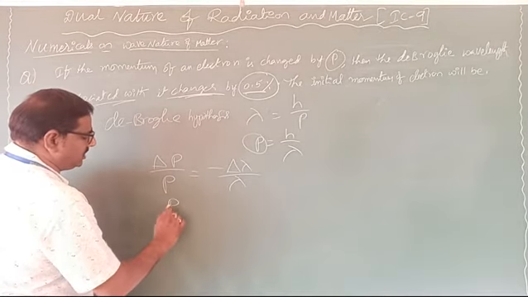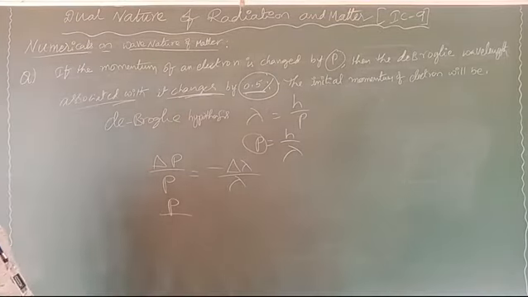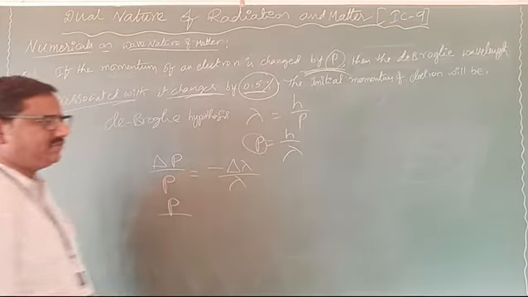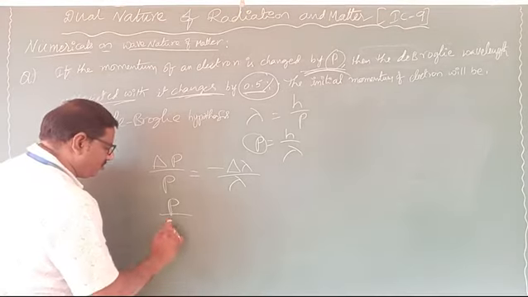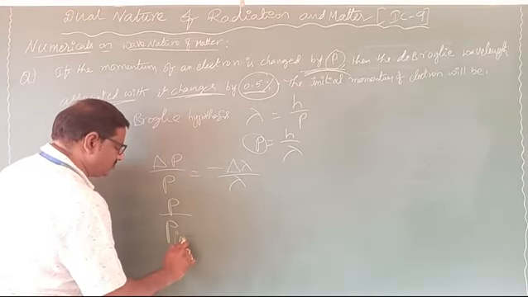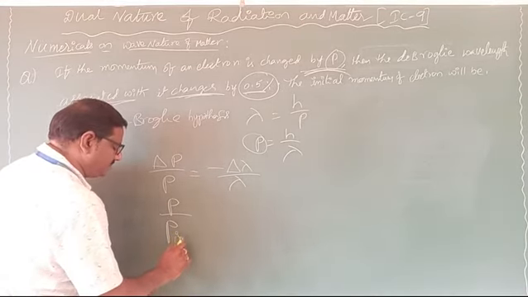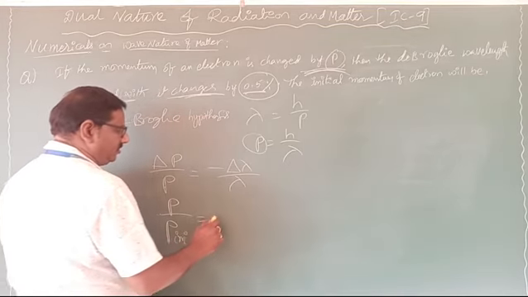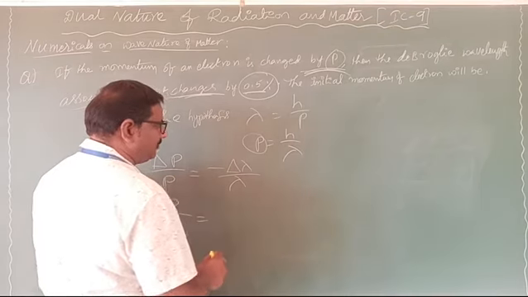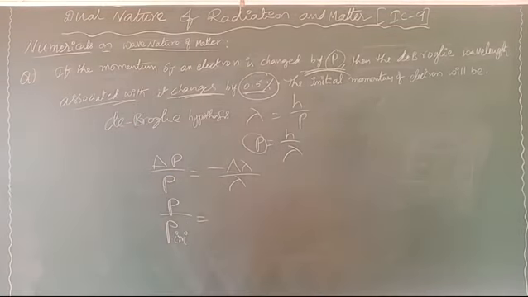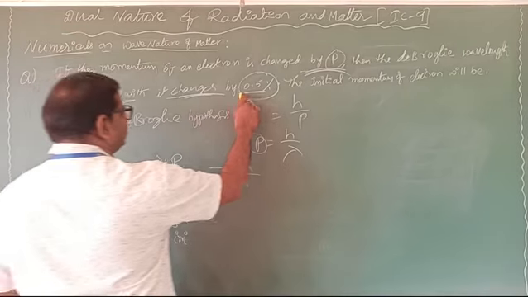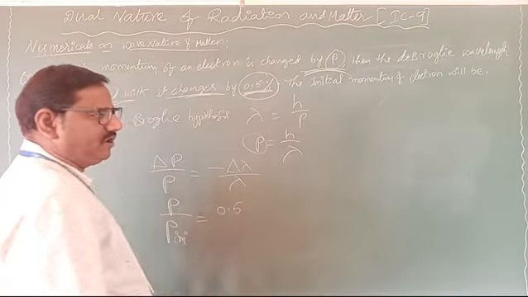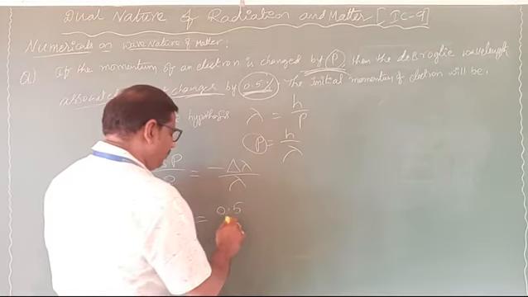Delta p, the change, is given as p, and p initial is the initial momentum. So p by p initial equals minus delta lambda by lambda, which is given as 0.5%, so we write 0.5 by 100.